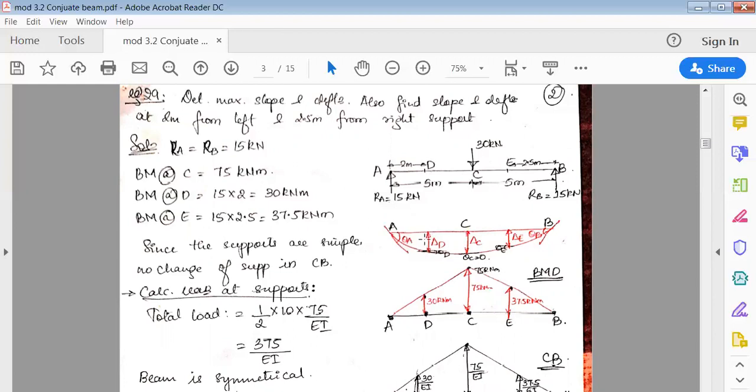It experiences deflection at D, deflection at E also. Of course, the maximum is at C, but at D and E also there is a deflection happening.